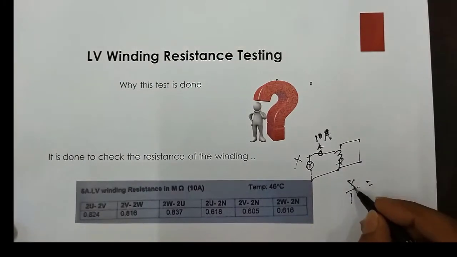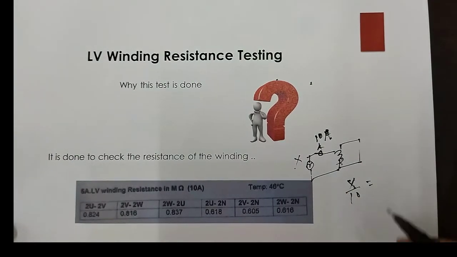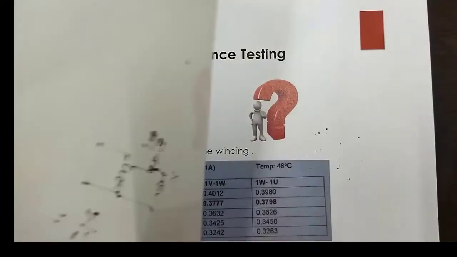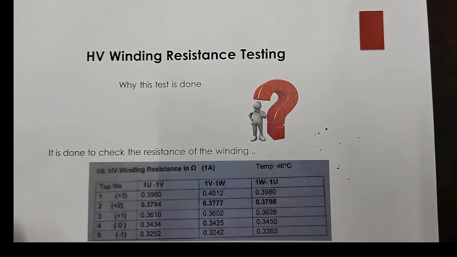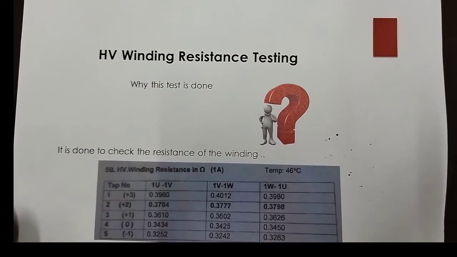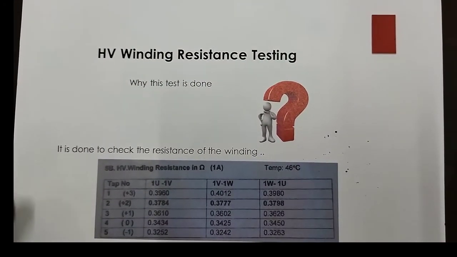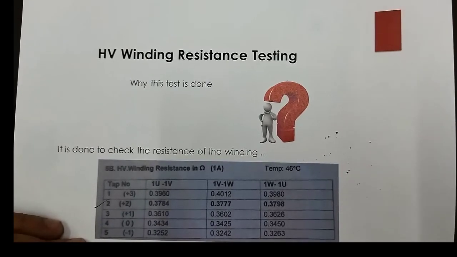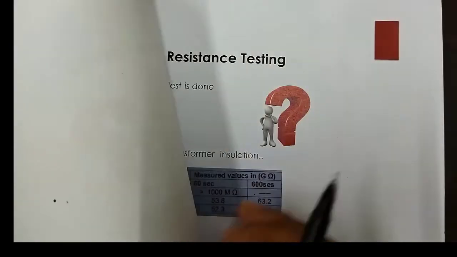So this is the simple process, just the applied voltage and the applied current, so you will get the resistance. This is the simplest process, and for the HV side the process is also the same. You just go through the data and you can do the test by yourself.